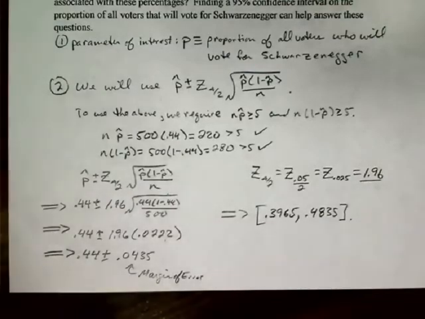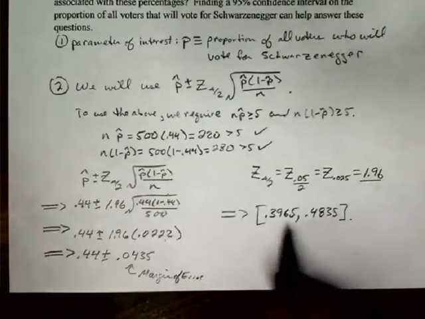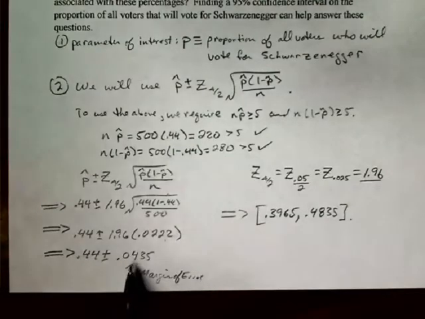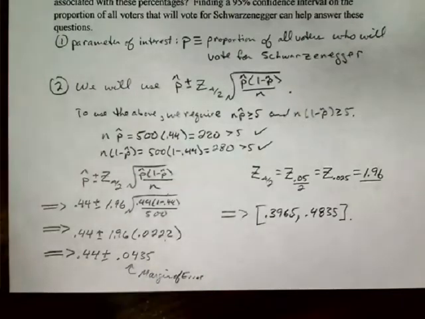And so the way we interpret this is, assuming that our confidence interval captured the proportion, then the 0.44, our point estimate, is at most 0.0435 units away from the actual proportion of voters that vote for Schwarzenegger.